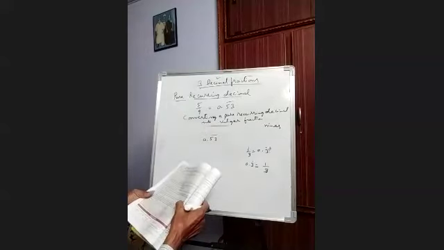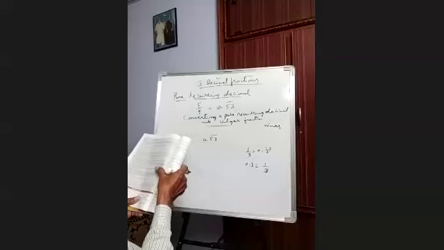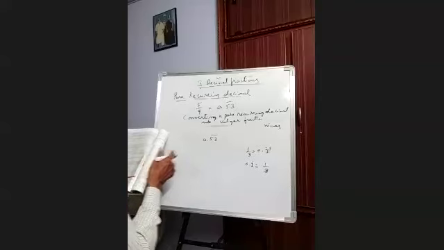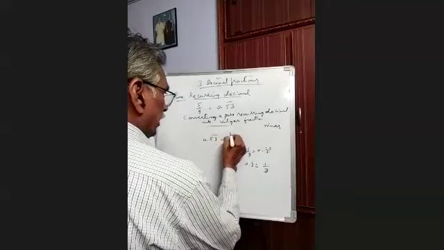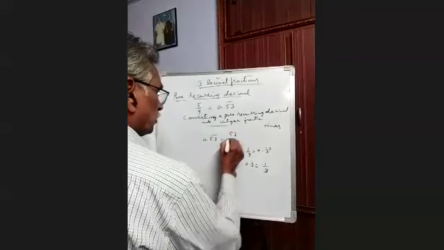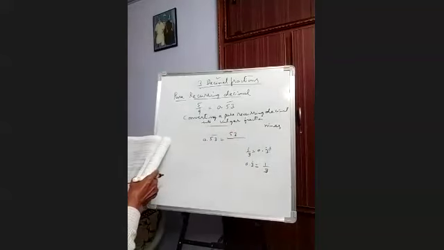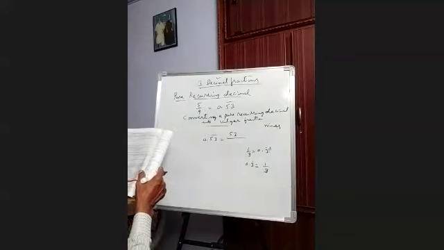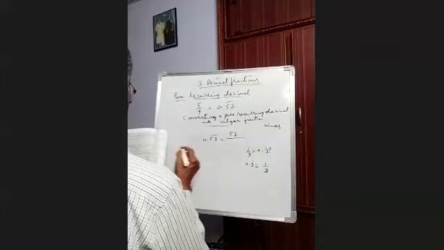The principle here is: write the repeated figures only once in the numerator. 53 is the repeating portion, so in the numerator we write 53. In the denominator, take as many nines as the number of repeating figures.